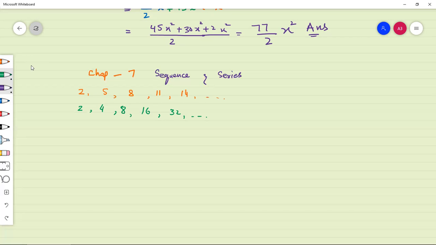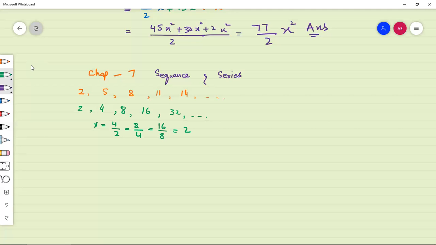That the common ratio is the same. What is common ratio? It means if you divide the second term by the previous term, or the next term by the previous term, then the ratio will be the same. 8 divided by 4, then 16 divided by 8, the answer will be 2. So this is called common ratio.